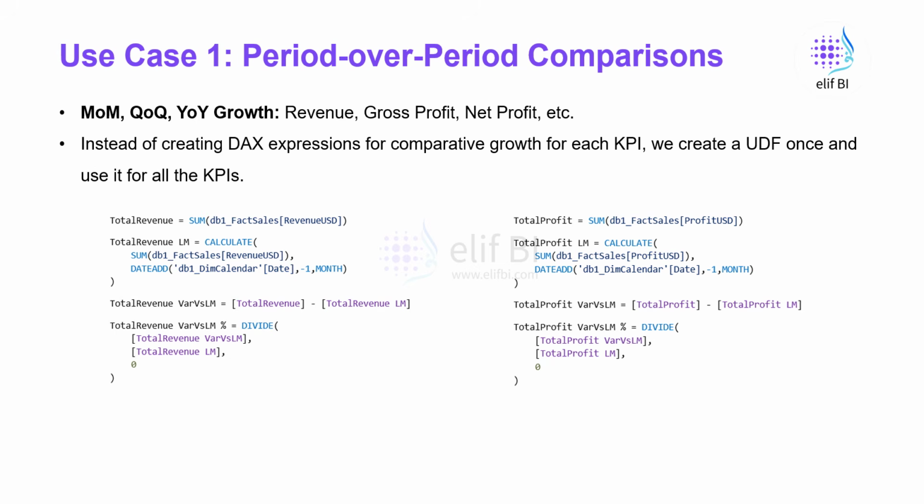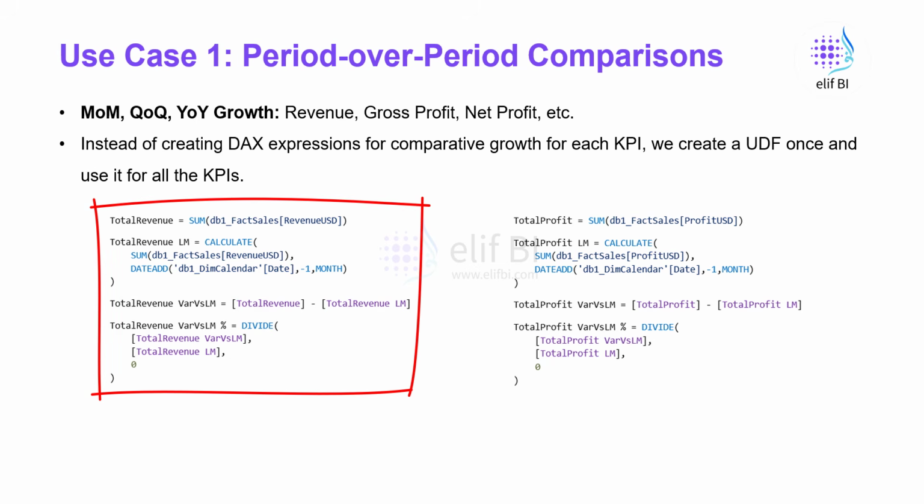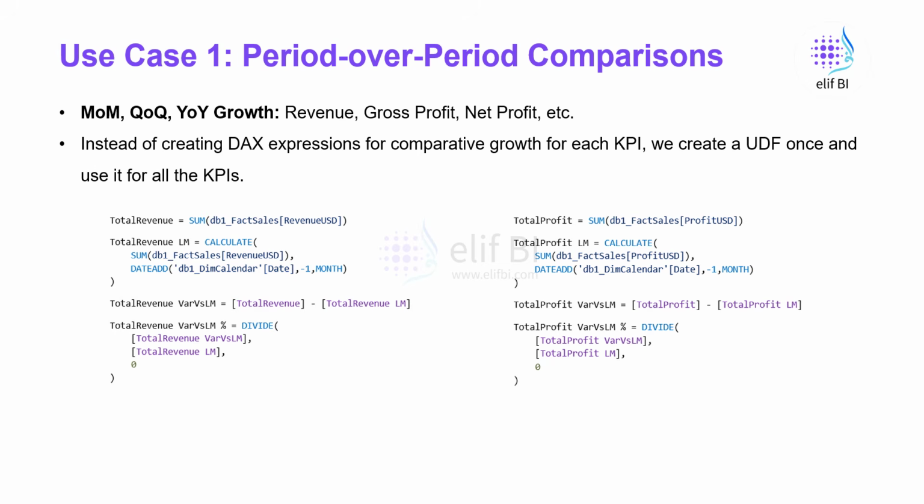Right now, as we can see on the screen, we've got a total revenue, and this is a normal DAX expression we would write to get a month-on-month percentage growth for total revenue. So we are calculating the total revenue, then the last month variance, and then finally we are calculating the variance percentage. If we have to create it for the profit, what we have to do is copy the same DAX and just replace revenue with profit.